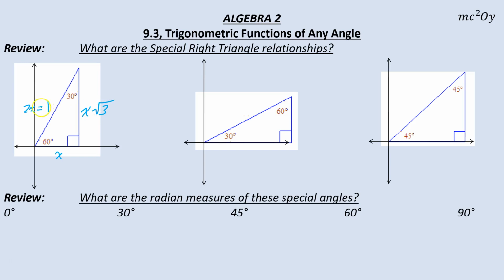And so we could say, well, if 2x equals 1, then 1x is actually a half, right? We solved this equation for x, and that makes this equal 1/2 root 3, or root 3 over 2. Okay, so I'm going to get rid of that x, and get rid of that 2x.